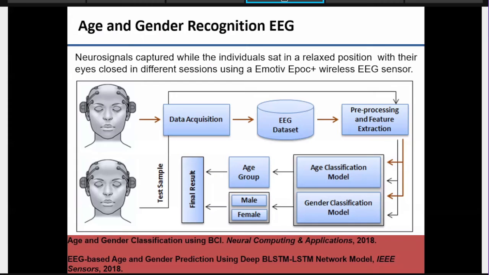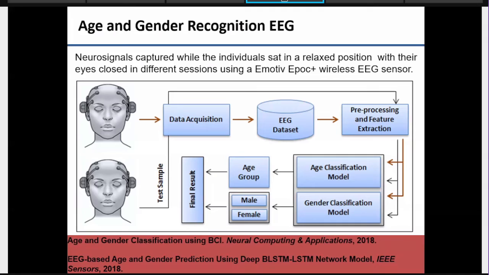For example, there are several smartphones now where, if you take a selfie, it shows how old you look, whether you look 40 years or 45 years. Similarly, I do not see all the participants, but if you give me those EEG signals, and I have this software, I can tell you the distribution of age and gender.